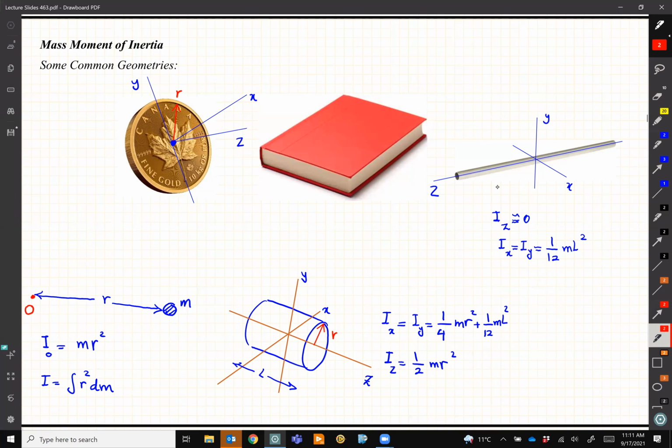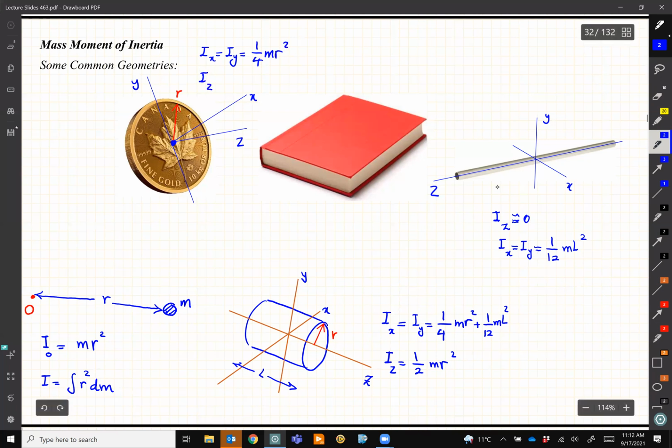Or in some problems, if it gives you the thickness, then you have to treat it more like a cylinder. But if the question doesn't mention the thickness, it means that you can simply ignore it. So for this one, Ix and Iy are equal, and they are equal to 1/4 m R squared. And Iz is half of m R squared.